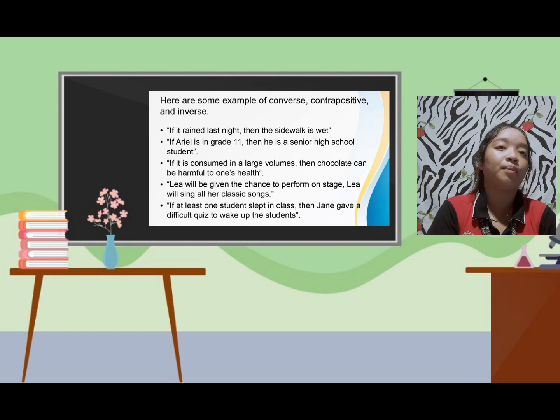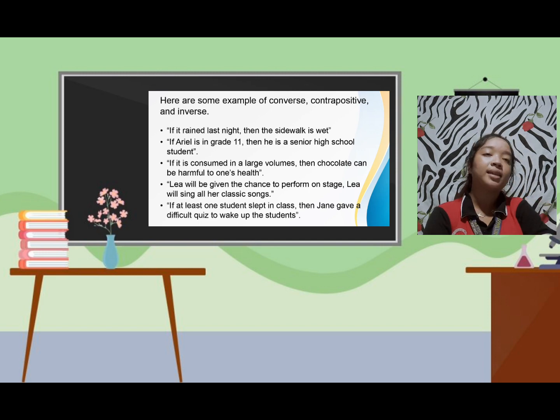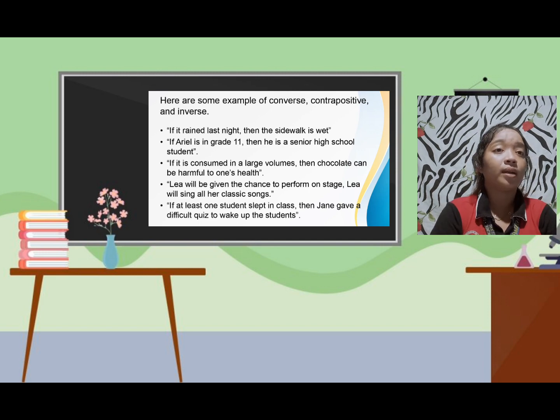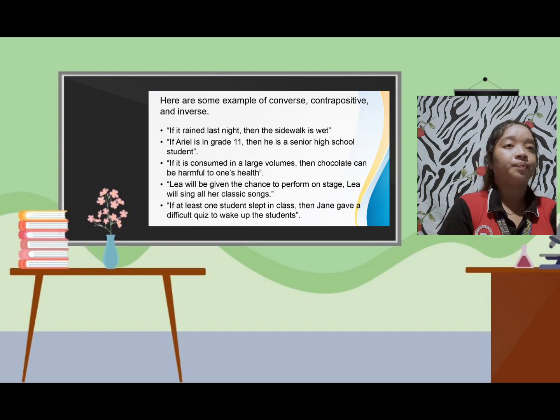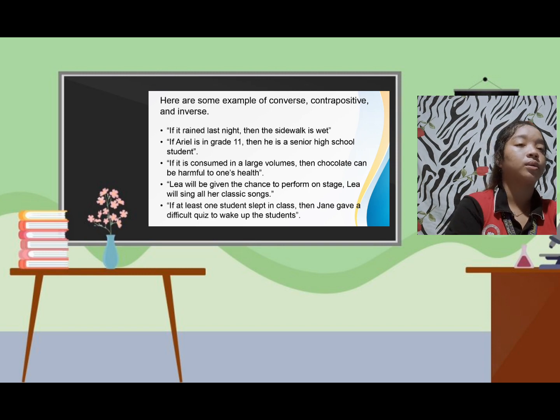Okay, example number 2. Conditional statement number 2 is: if Ariel is grade 11, then he is a senior high school student. So our P is Ariel is grade 11, and our Q is he is a senior high school student.